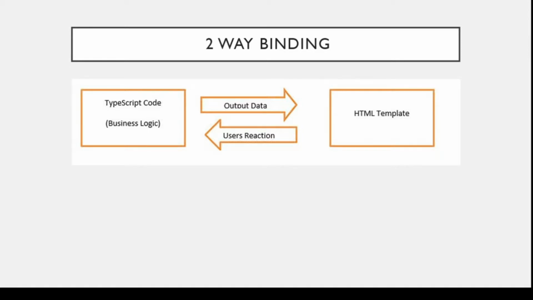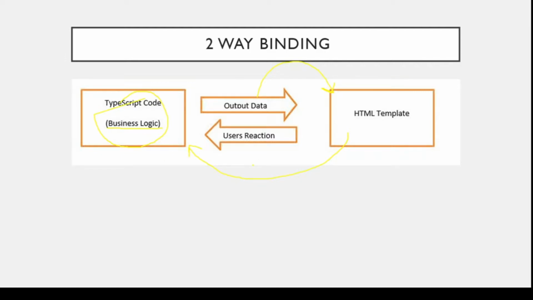So this is your two-way binding. Let us say that this is our TypeScript code, and we provide any business functionality, because business logic is written inside your TypeScript. The output of that would be reflected into your HTML template, and the changes that we do in our HTML template would be reflected in your TS file.